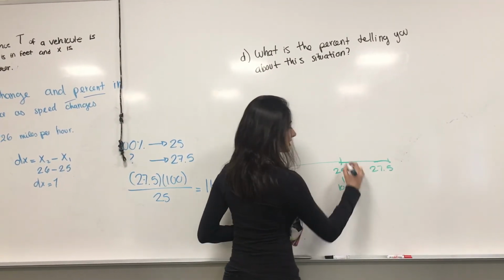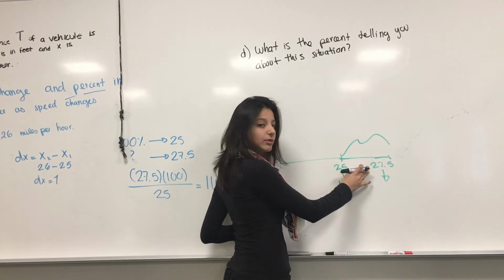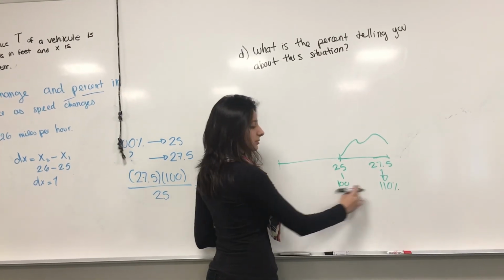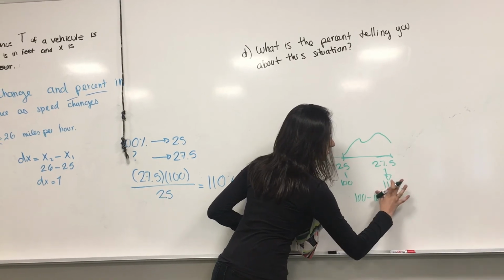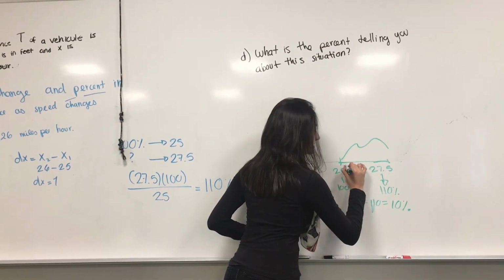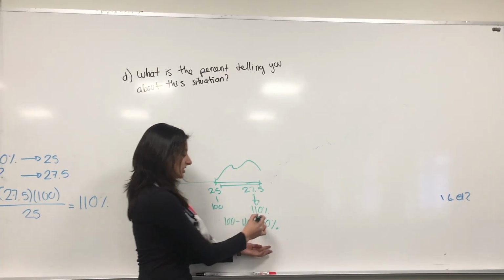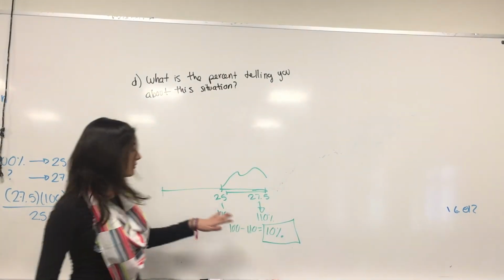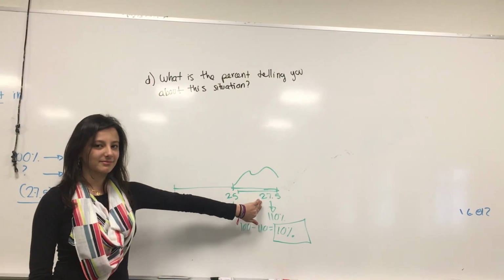So you have to get this percent, and because 27.5 is 110%, you have to subtract to get the real percent of change of speed. This percentage is telling you that you increase your speed by 10%, from 25 to 27.5 of speed.